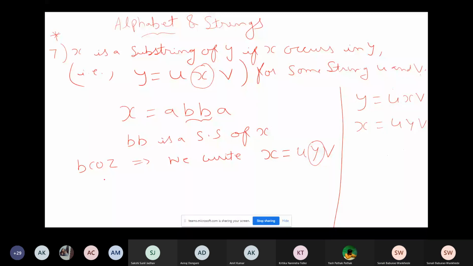X is equal to u y v, and here x is equal to abba. So u is equal to a, y is equal to bb, and v is equal to a, isn't it?